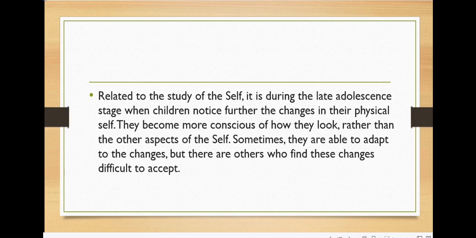And so we discussed earlier that the changes in the self are affected by the surroundings. Thus, their perception of themselves is not only affected by these changes in their body, but also by what people say about them, the culture and the environment where they grew up.